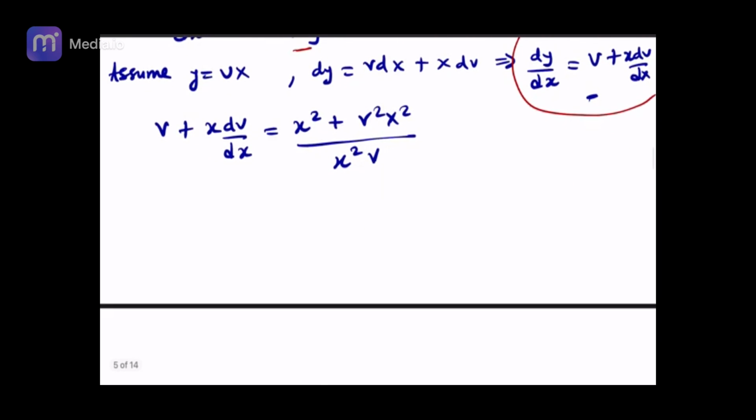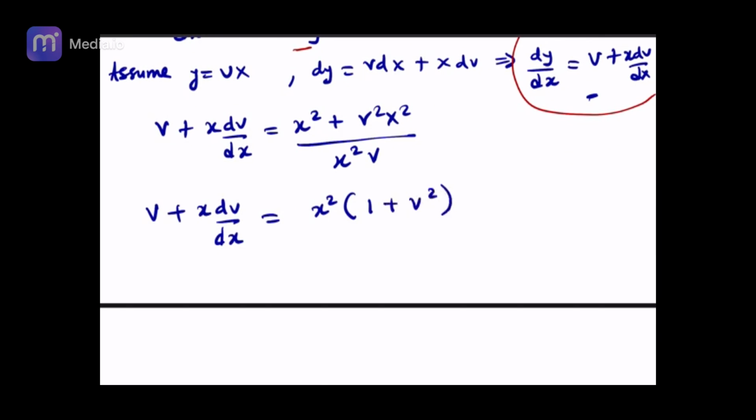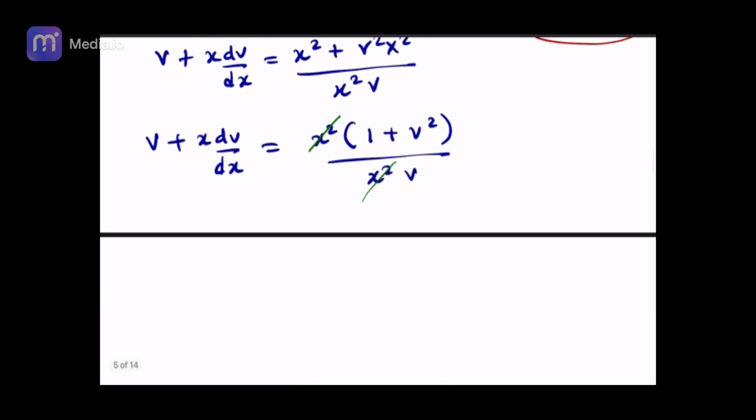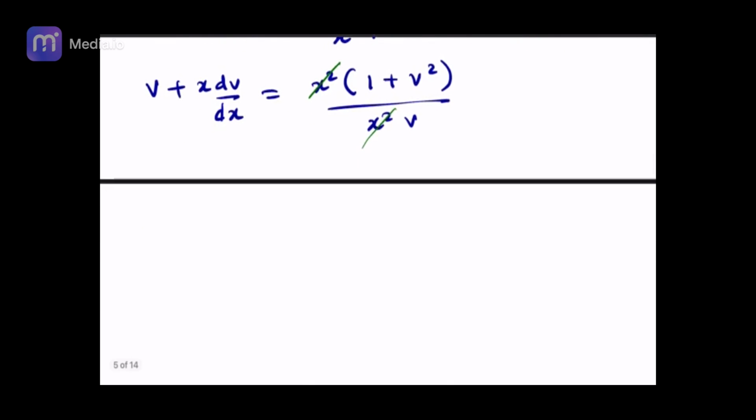So now we have that v plus x dv/dx is equal to x squared times (1 plus v squared) all over x squared v. So this can take care of this, so that we have v plus x dv/dx is equal to (1 plus v squared) over v.